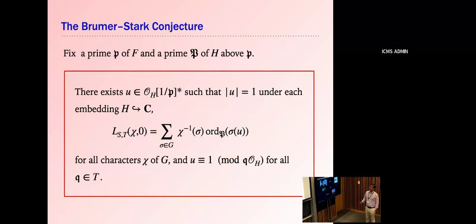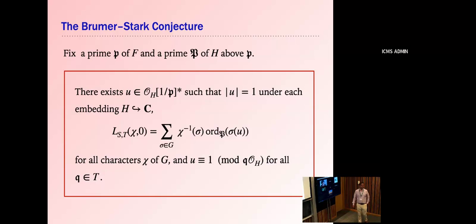Now we're going to specify its valuations at the places above P. All the places above P are the conjugates of this Gothic capital P, so I can write ord sub P of sigma of u as equivalent to ord sub sigma inverse of P of u. If I take these valuations and take their linear combinations according to a character chi, I get the special value of the L-function that I defined before at s equals 0.